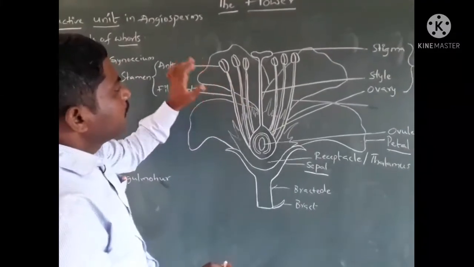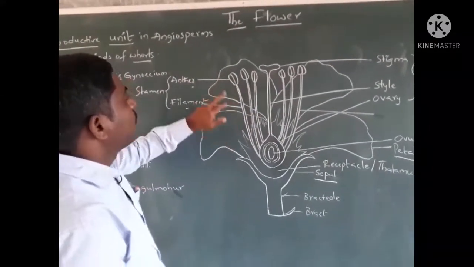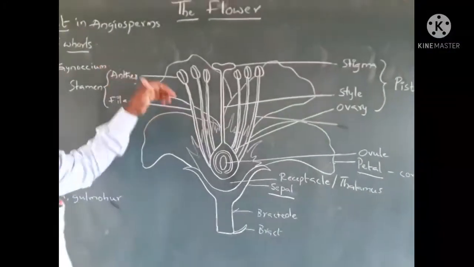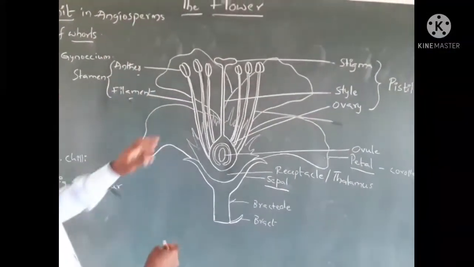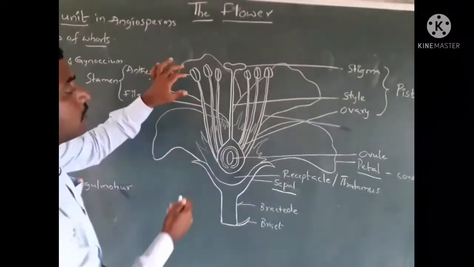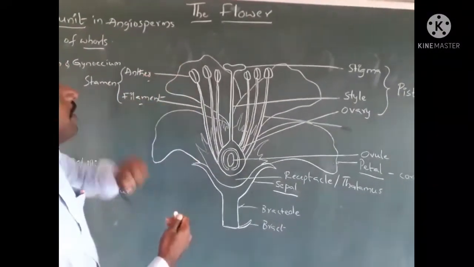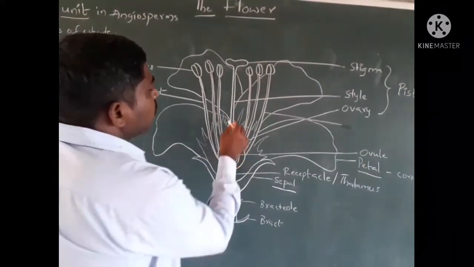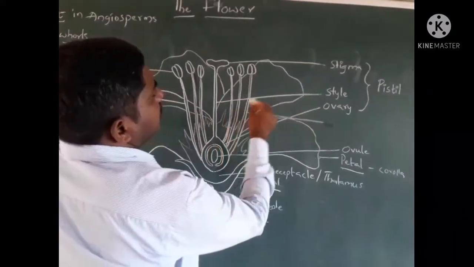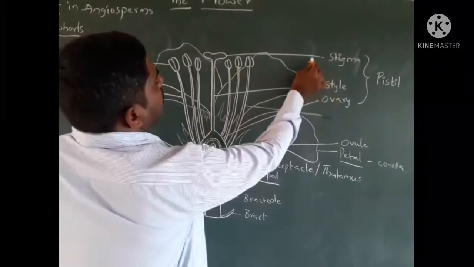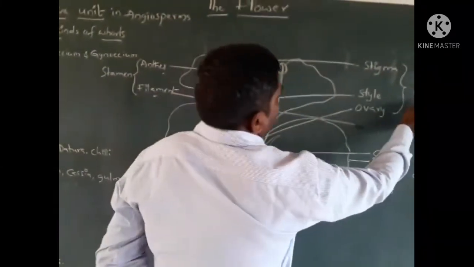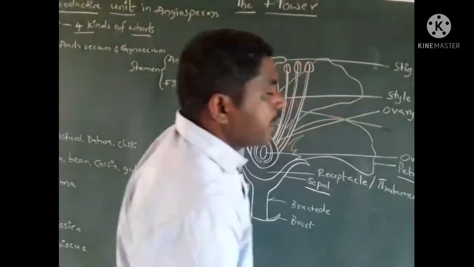Each androecium consists of an anther, which is attached at the apex of the filament. And the last whorl is the gynoecium. It consists of stigma, style, and ovary. These three are considered as the pistil, the gynoecium.